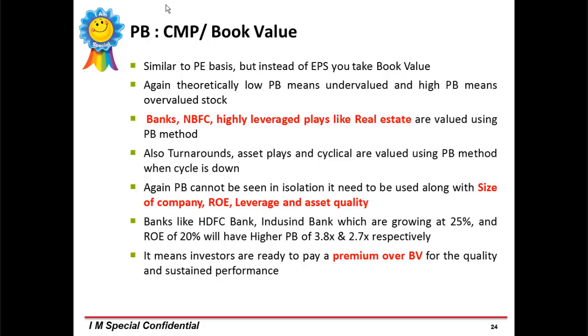We have a chart of banks in the coming slides. I'll explain it in detail. Generally, higher price to book means investors are ready to pay a premium over the book for the quality of the asset and sustained performance.